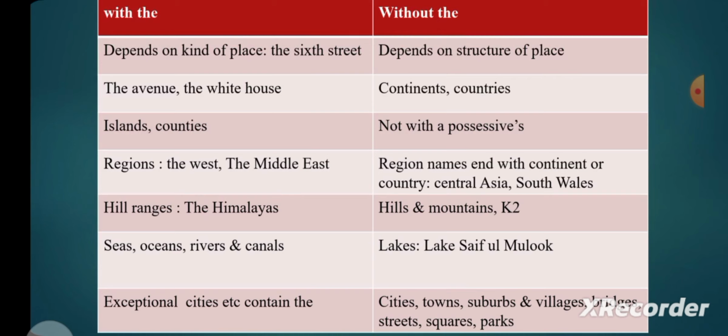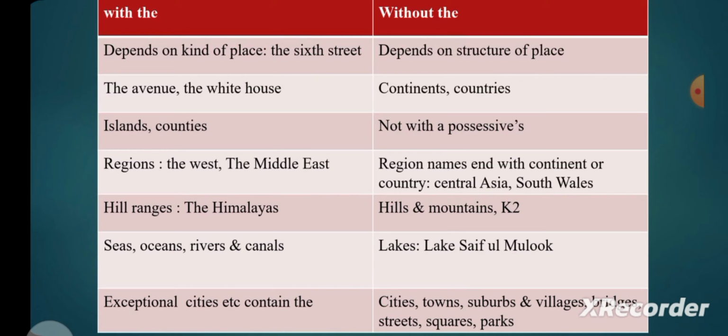Then you can say Mount Everest, because we are talking about names without the. And cities, towns, suburbs and villages are used without the article the. North London, Houston, Leeds, Central Park, Tower Bridge, Brooklyn Bridge.